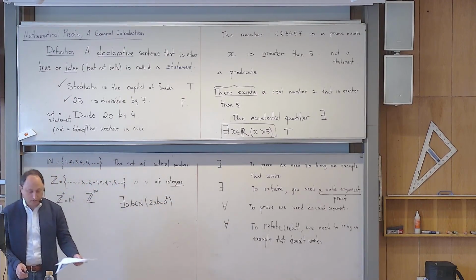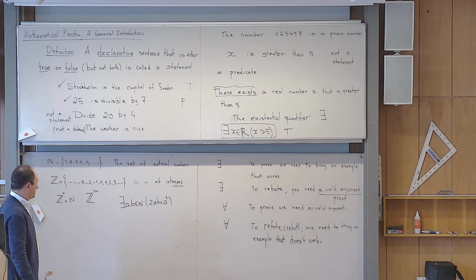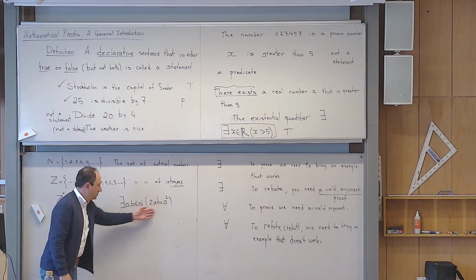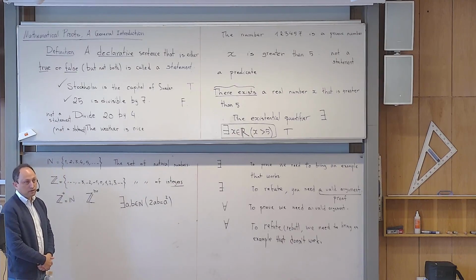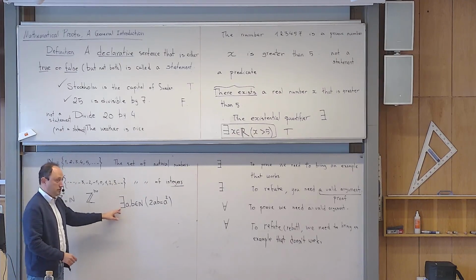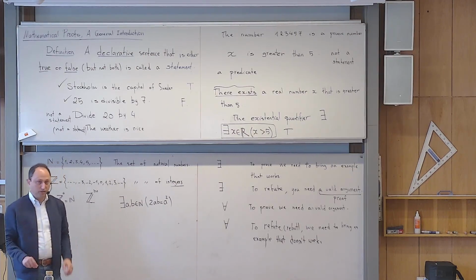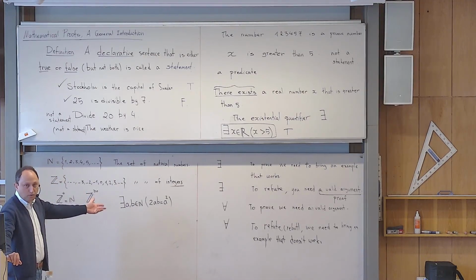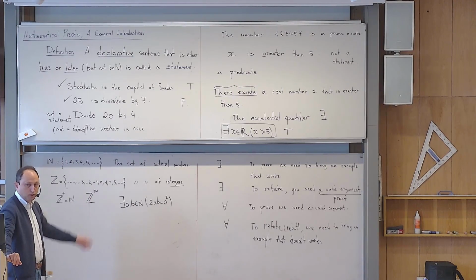So how do you read this if you want to read it in English? So try to read it in plain English as much as you can, yes. How do you read these symbols here? The book hasn't used the symbols, the book has used letters and words. But what is the meaning? Do you understand what it means by looking at it? Yes, do you want to read it for me?